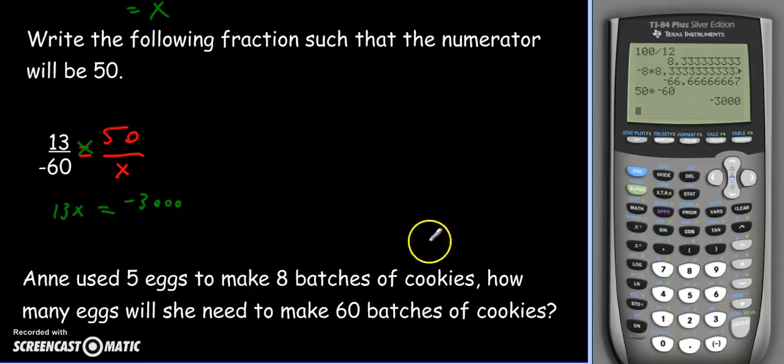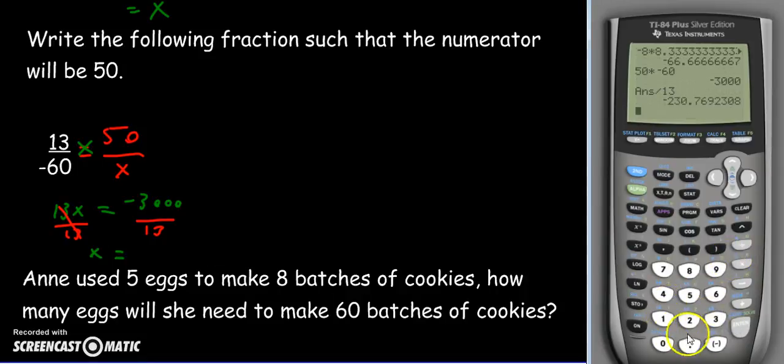Now we're going to divide both sides by 13. Because if 13x is negative 3,000, then 1x will be equal to negative 230.7692308.